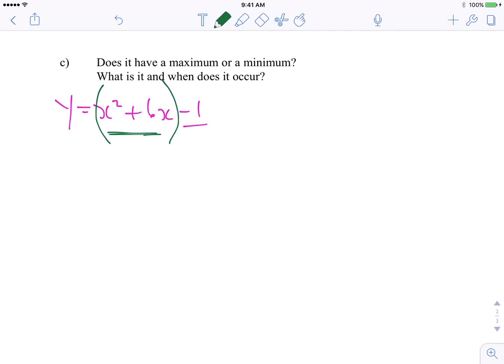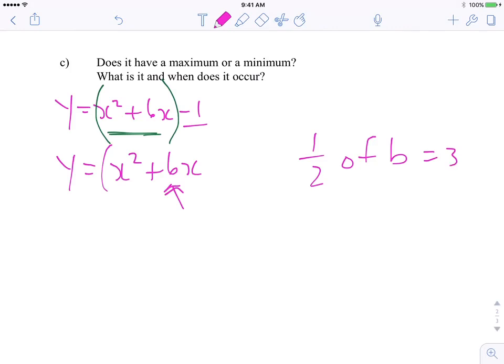And the way we do that is like this. We are going to rewrite this x squared plus 6x, and we are going to take half the value of b. So I'm going to write here half of b. In this case, that's 3.